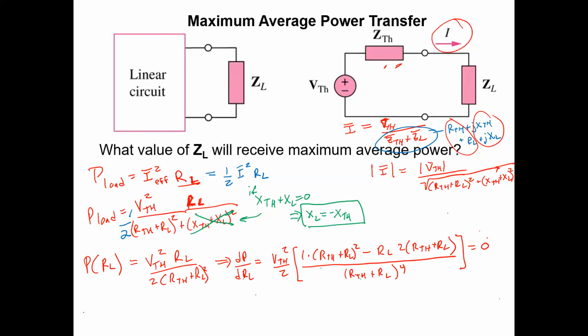We can't really, if we're stuck with positive resistances, do much with the denominator, but the numerator is kind of interesting. If we could set that numerator equal to 0, the numerator is going to be an R Thevenin plus RL again, times what's left, R Thevenin plus RL, and then a minus 2RL.